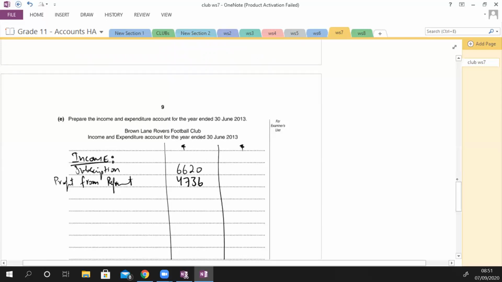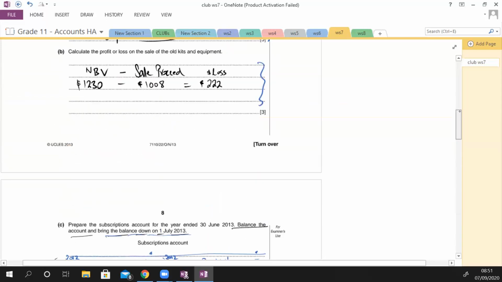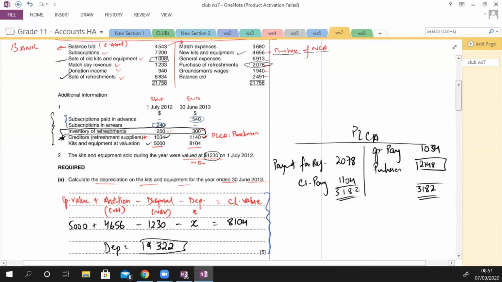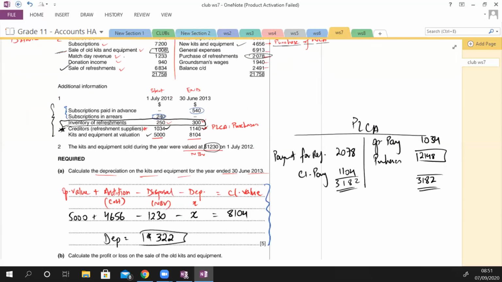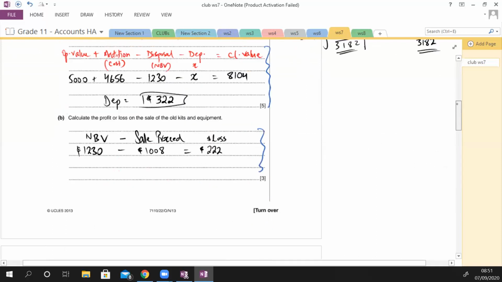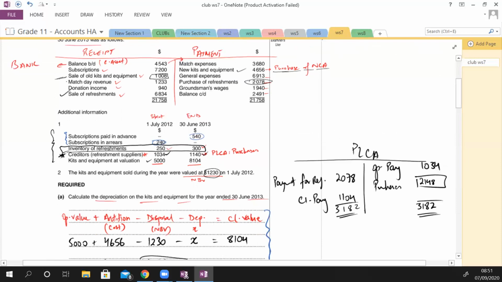For any other revenue or income, look at the receipt side. On the receipt side we had donation income and match day revenue, 1233 and 940. Here they are, both of them.